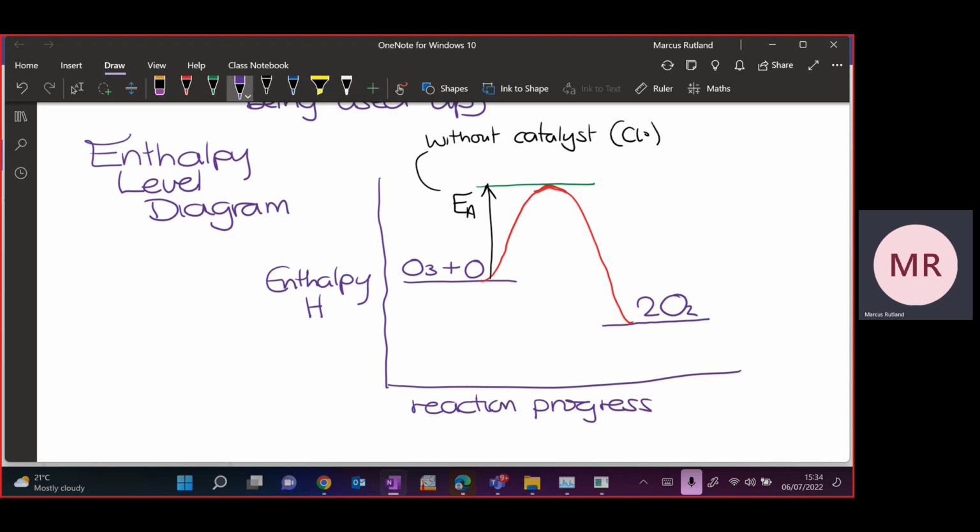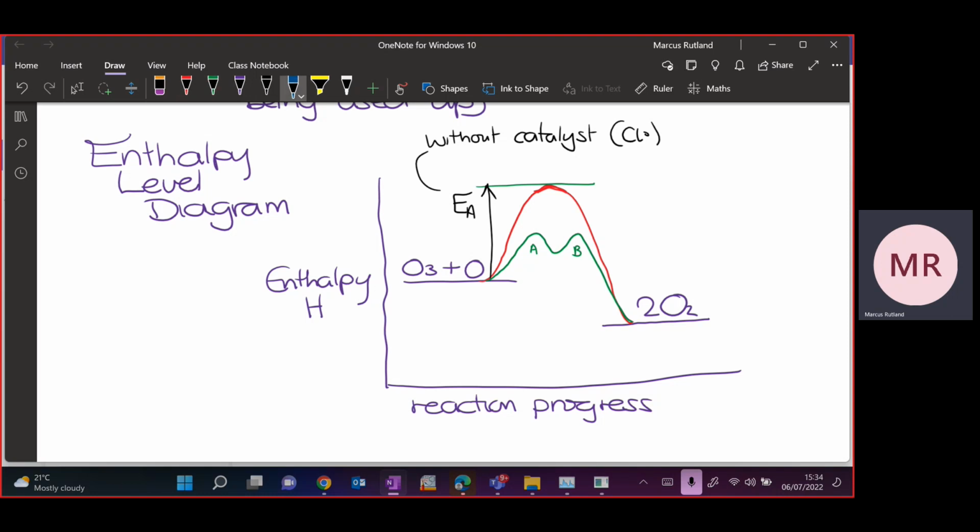If we had it with the catalyst, then let's have a green line. We would go lower, and what we can actually do is go in that sort of step A and that step B. It doesn't really matter how high they are relative to each other. So this is the A and then B from our two-step process that the chlorine radical introduces.